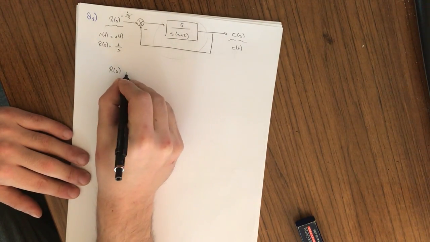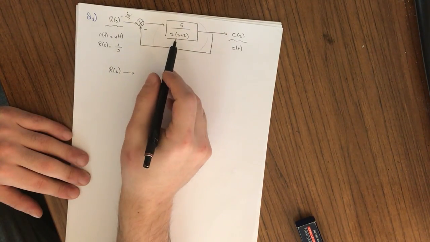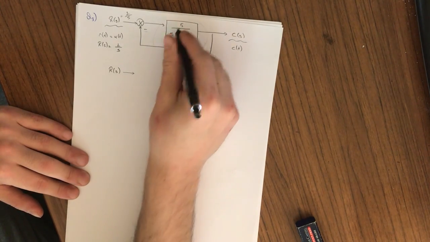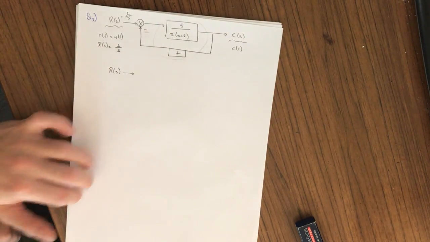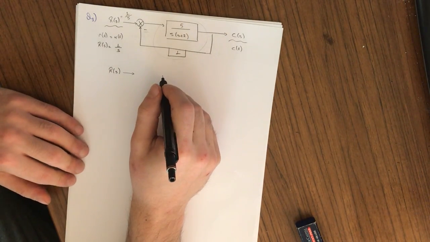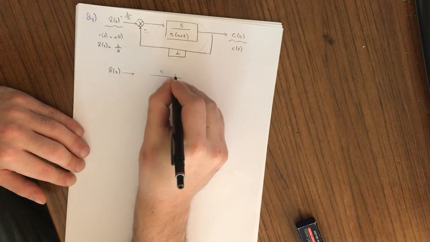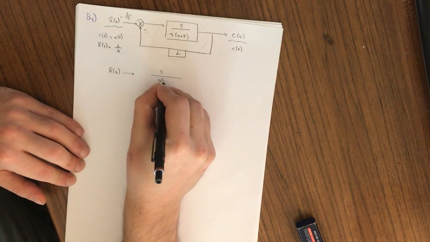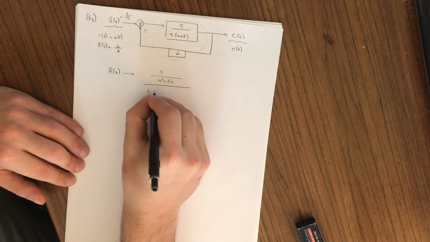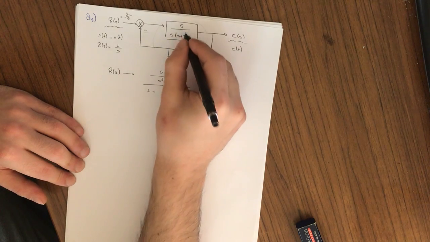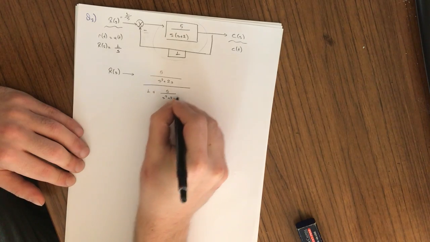We have R(s) as the input, and since this is a negative feedback system, the feedback path has a transfer function of 1. The combination is the transfer function on the feed forward path, which is 5 over s squared plus 2s, divided by 1 plus the multiplication of both transfer functions, 5 over s squared plus 2s times 1.